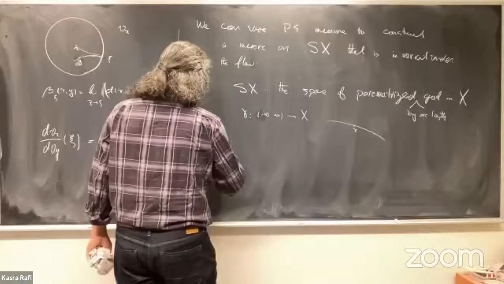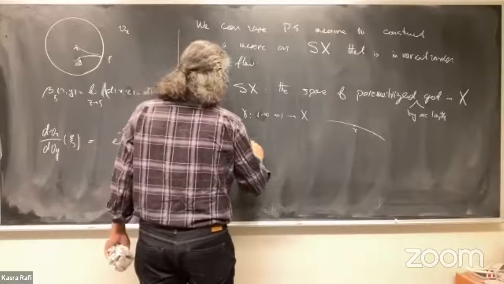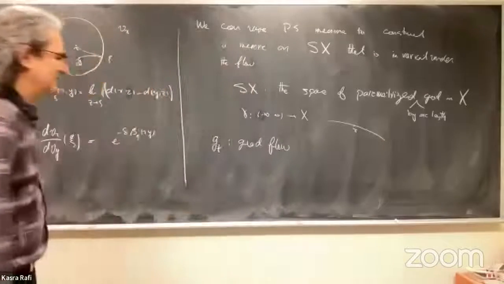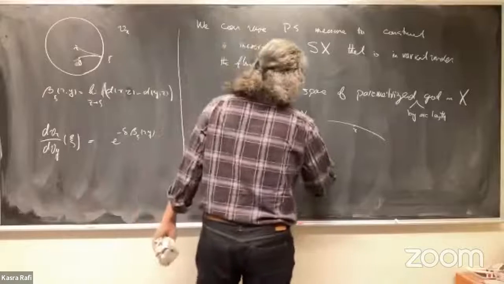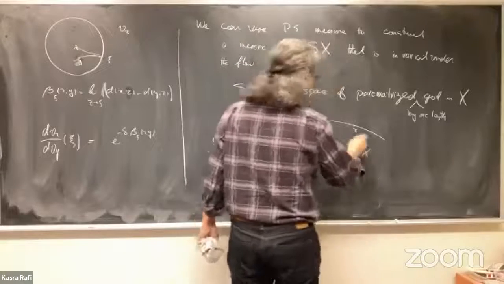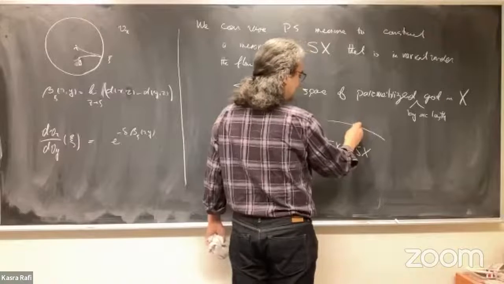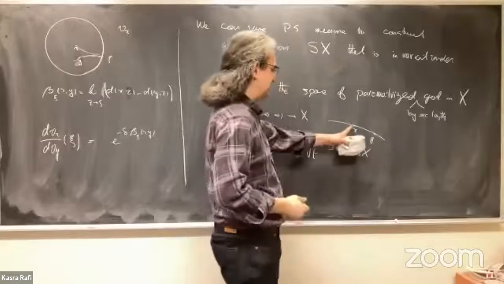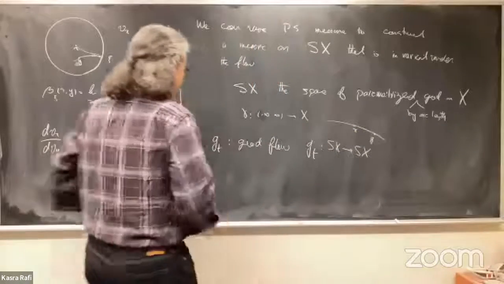So GT is the geodesic flow. It flows from this SX to itself. And what it does is just, if you're here, then GT just changes the parameterization to be over there.